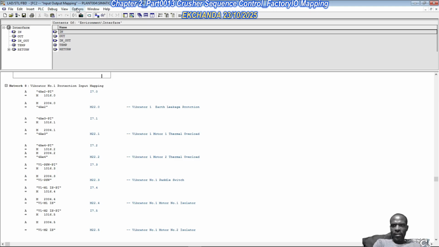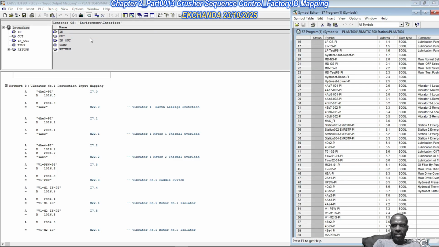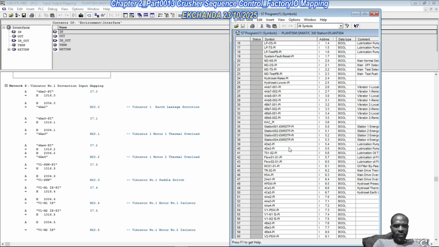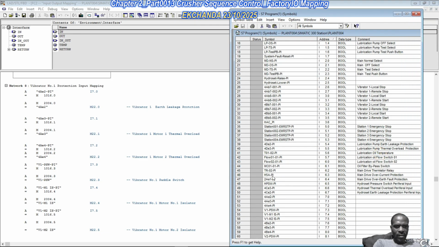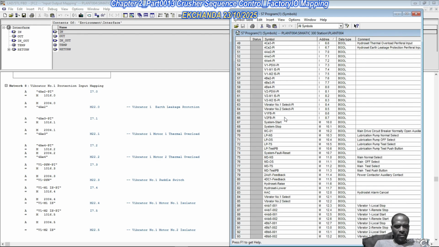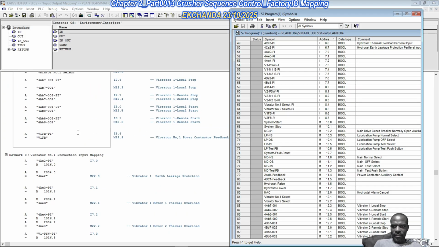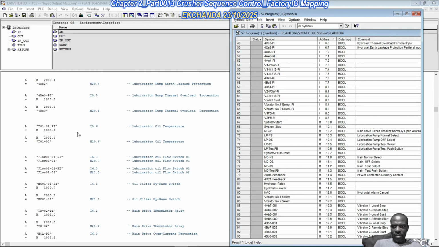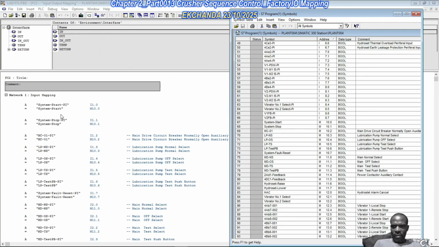So let's see, window options, symbol table. We're looking for 4DC1 feedback. So 281 feedback, 481 feedback, 281 feedback, 4DC1 feedback. So on inputs, okay, basically I need to map this to just normal inputs.